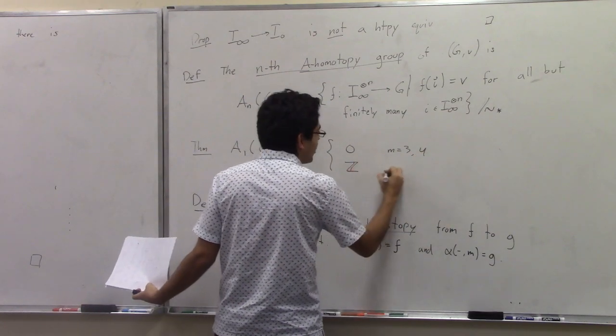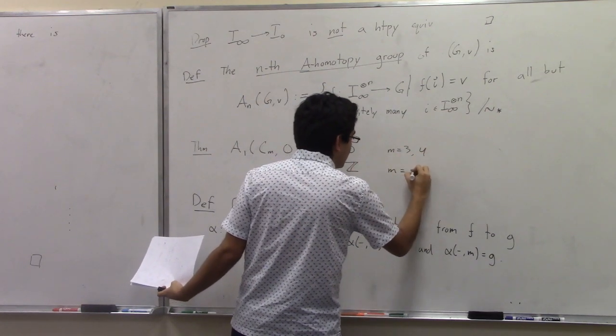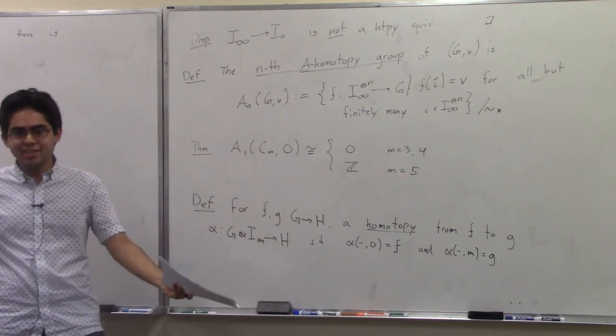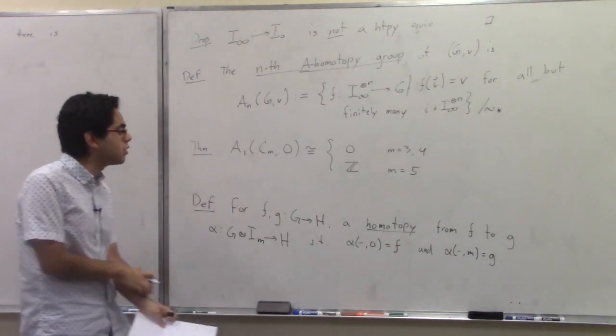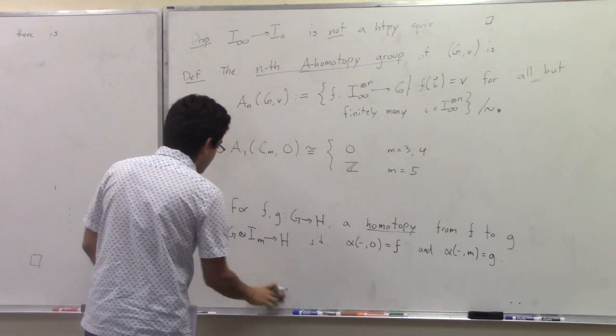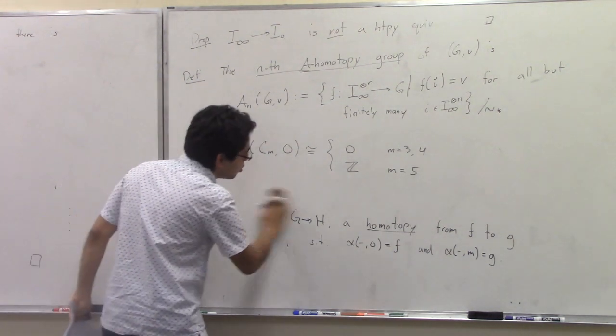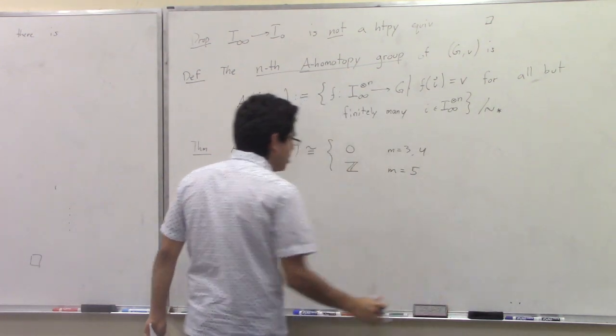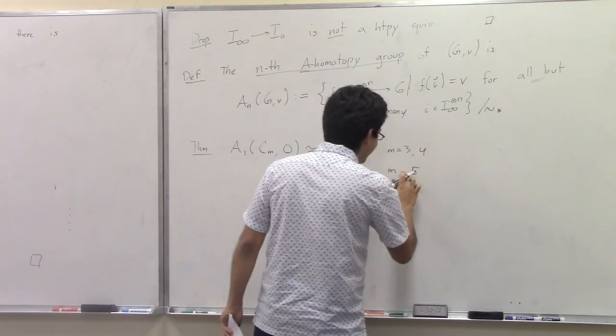And for all the higher cycles, their fundamental group is going to be Z, which is why the higher cycles aren't contractible in this world. And the way that you would go about proving that.